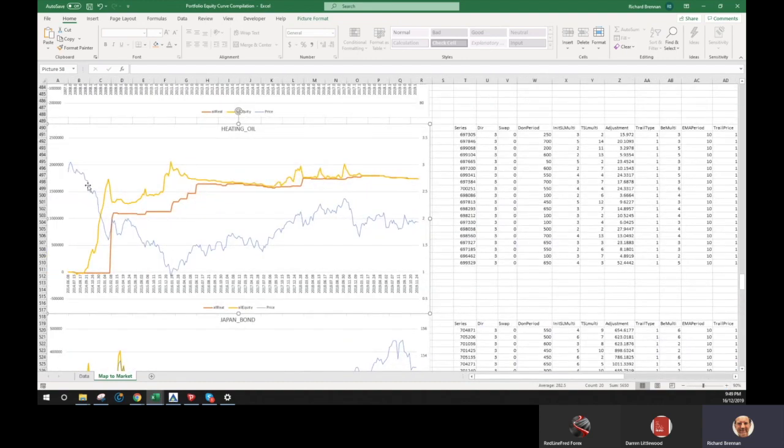Heating oil, you can see the price moving down in this short trajectory here. Equity goes shooting up during this short move and then gets even better with this move in price here. This is where our peak equity was, over this great outlier move.